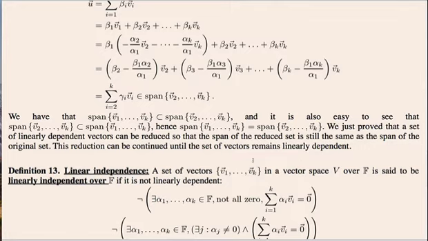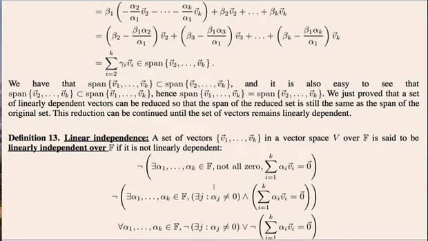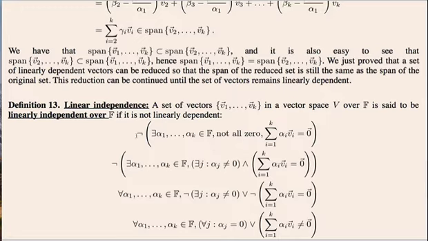Then the next definition is linear independence. A set of vectors v1 through vk in a vector space V over F is said to be linearly independent over F if it is not linearly dependent. So that means we have to negate the statement of linear dependence to get linear independence.